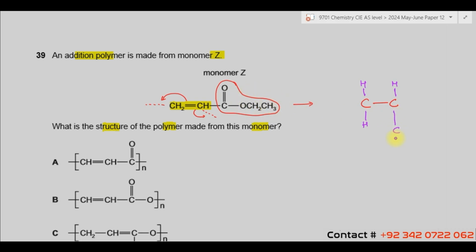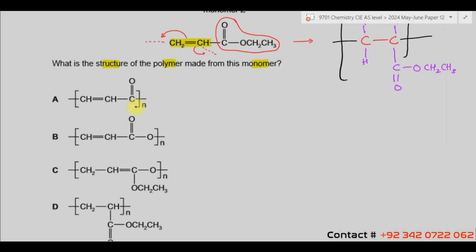So this is C double bond O O CH2 CH3. Now when pi bond breaks, one bond forms on left side, one bond forms on right side, and it repeats n number of times. So this is the structure of polymer.